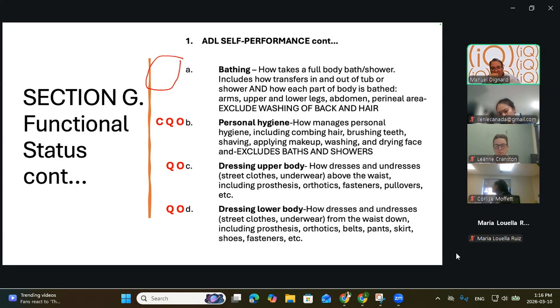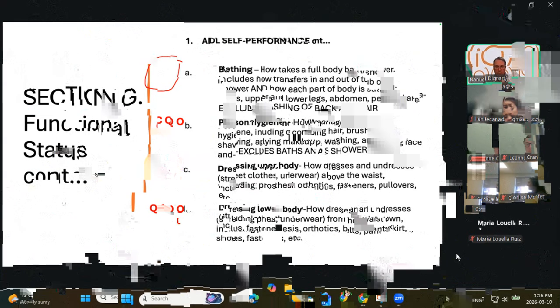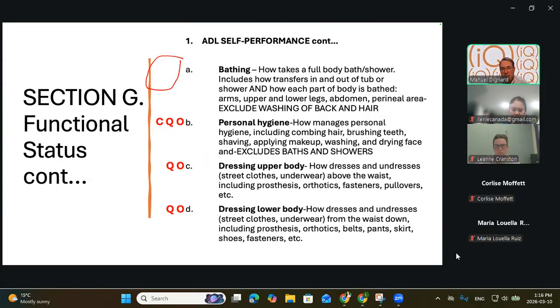So we're looking here at grooming tasks: brushing your teeth, combing your hair, shaving, applying makeup, or washing your face and hands. So it excludes the tasks that are done during bathing. The goal is to assess how much the resident does on their own and what help is required, is it setup or supervision, etc.